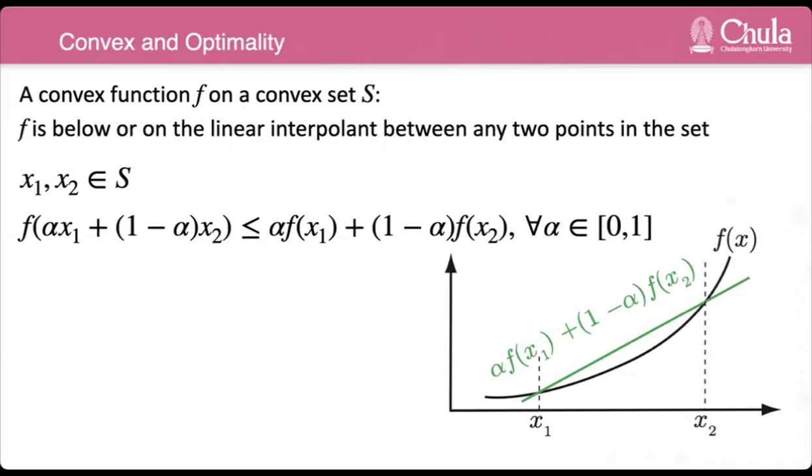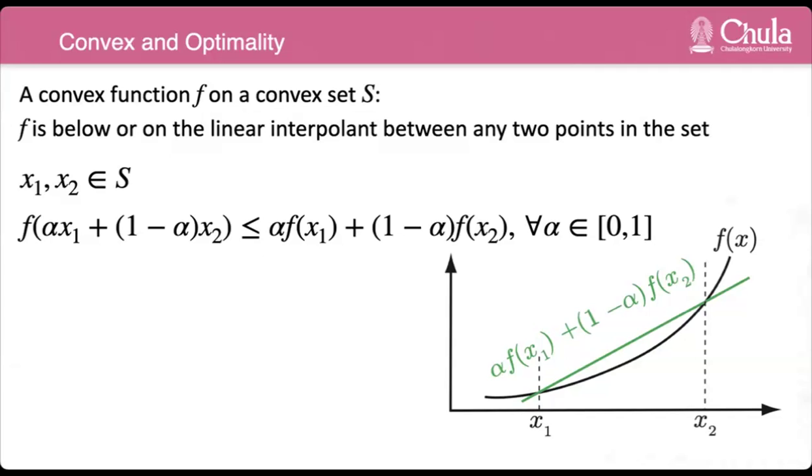This green line is the interpolant. We interpolate 2 points here and vary alpha. If alpha is 0, it is this point, right? If alpha is 1, it is this point. When alpha is between 0 and 1, all the points lie along this way.